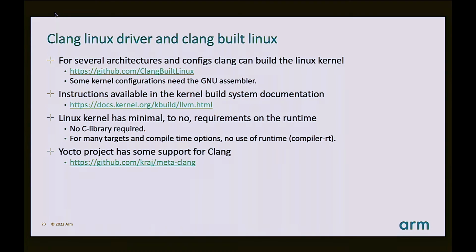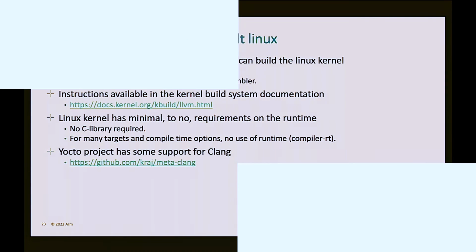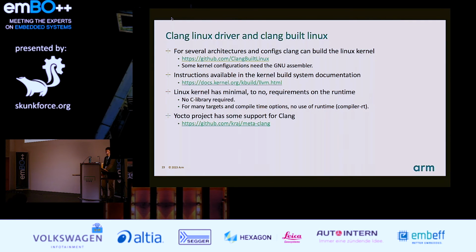And as the Linux kernel has minimal to no requirements on the runtime library, you don't need a C library in this particular case. It's simply a case of selecting the right target, and it'll build. And Yocto, which for those of you who are not familiar, is a project for building your own embedded Linux distribution, has some support for Clang via meta-clang, which is a toolchain recipe for building that.